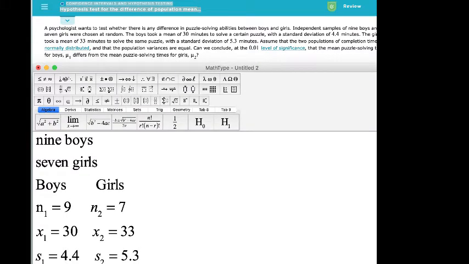We also notice in the problem that it says assume that the two populations of completion times are normally distributed and the population variances are equal. So if they say that the population variances are equal, but they don't give you the values of those variances, that means the variances for the population are unknown.